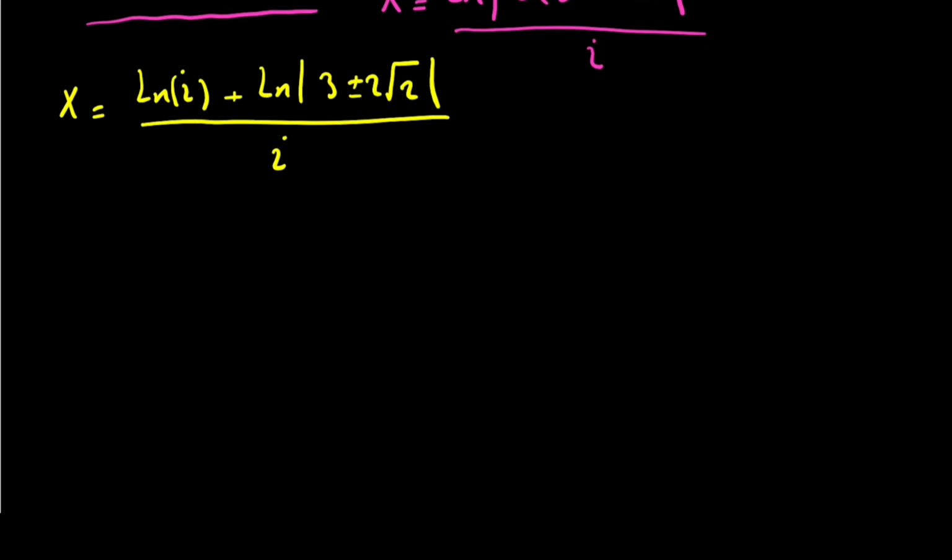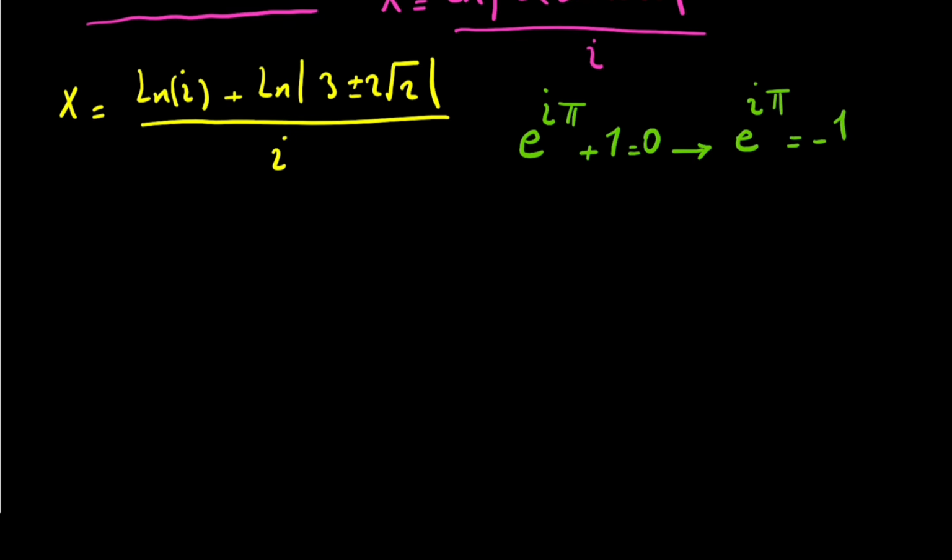In one of my videos, and I put the link of that video in the description, I told you that the most beautiful equation in math, e to the power of iπ plus 1 equals 0. You can use Euler's formula to prove it. So e to the power of iπ will be equal to minus 1.